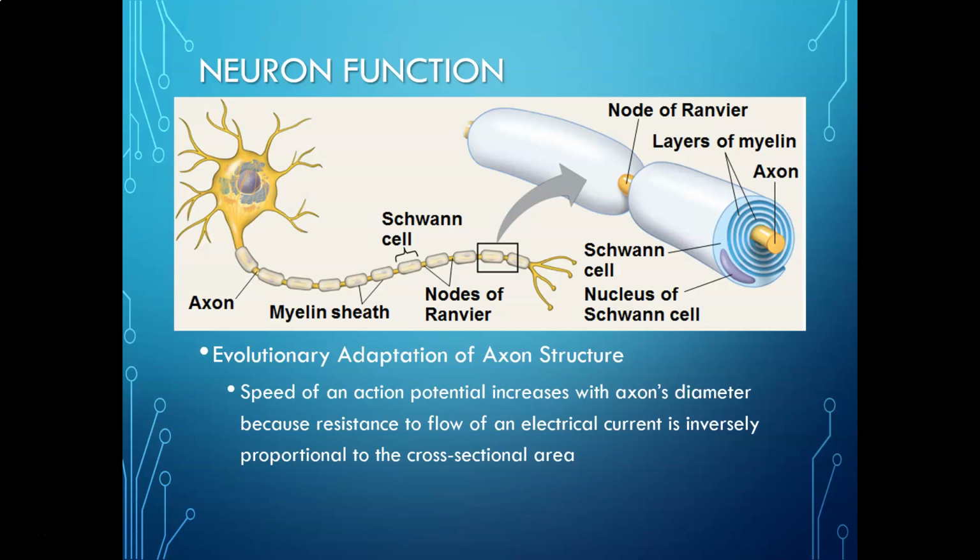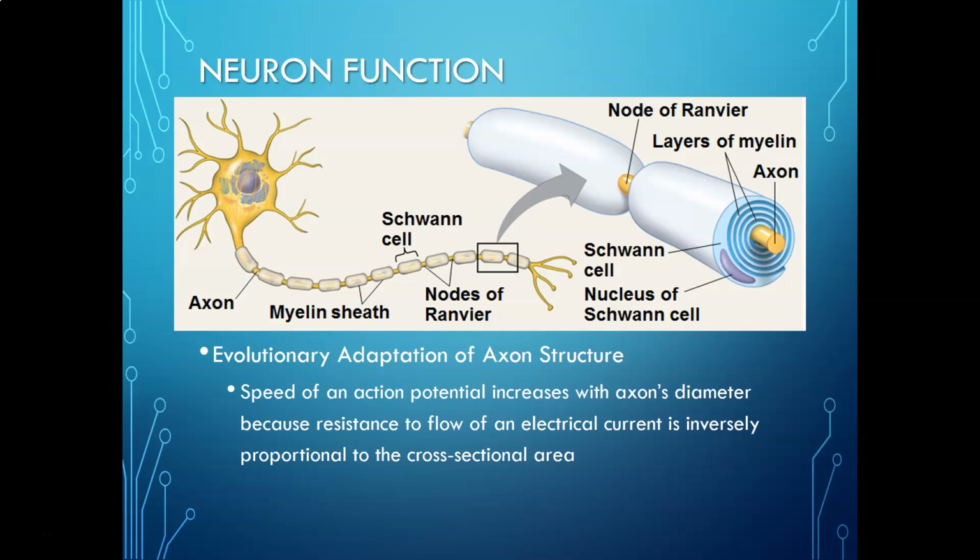So the smaller the axon, the more resistance to flow of electrical current. And if you know anything about the way electricity works, it's the same way with wires in your house. We're not going to send big high tension electricity into your house. We'll do that by bigger, fatter wires hanging on the telephone poles in the streets, and then we'll size it out accordingly based on what every home needs.